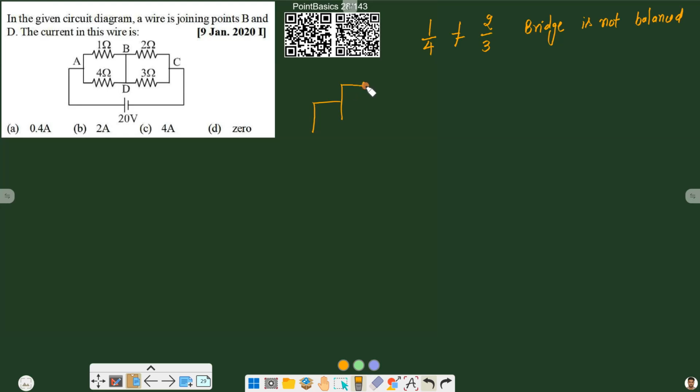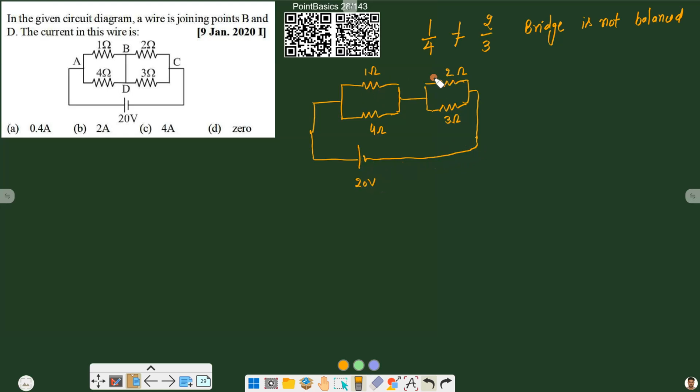Here we have 1 ohm and here we have 4 ohm. Both of these are in parallel, and again we have 2 ohm and 3 ohm, and both of these are in parallel. 2 and 3 are in parallel, 1 and 4 are in parallel, and here we have a 20 volt supply.